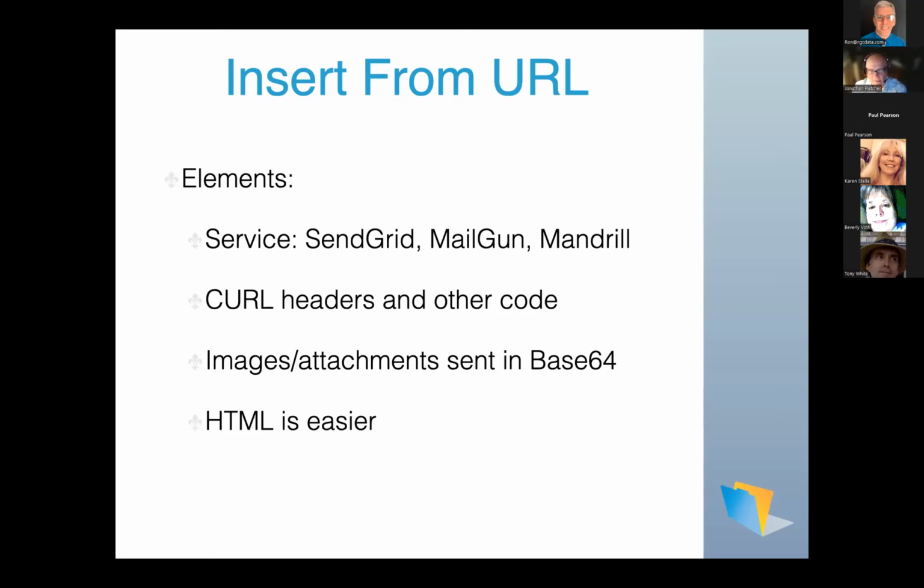Now they have an SMTP, but I wasn't able to get it to work, so I'm not going to demo that. I don't think I had the right kind of account to qualify for their SMTP. But they have an API where you can just send them all the information in Insert from URL, and then it takes care of it. Another one that works almost identically is Mailgun.